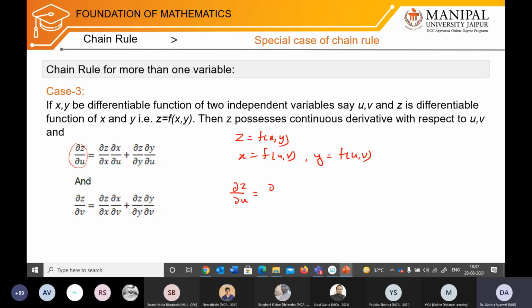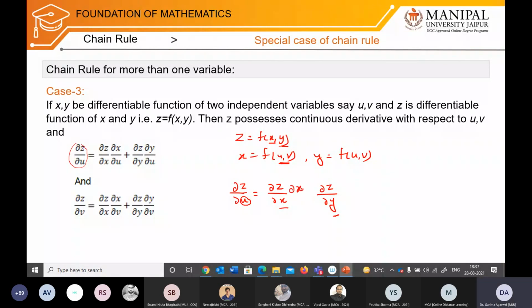Now z is a function of x and y, that means I can differentiate z with respect to x and y. Z is a function of x and y, so we can partially differentiate z with respect to x and y. Then x is a function of u and v, but I am interested in u only.